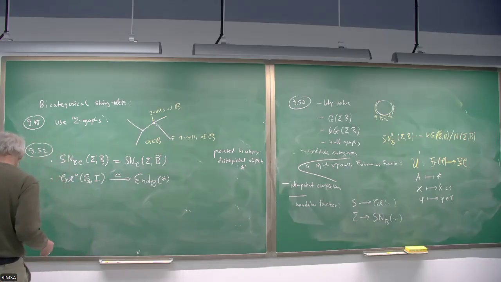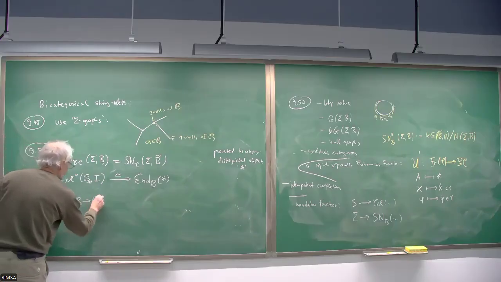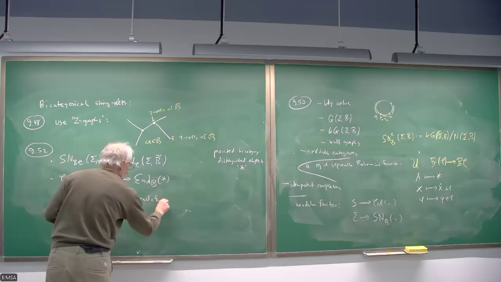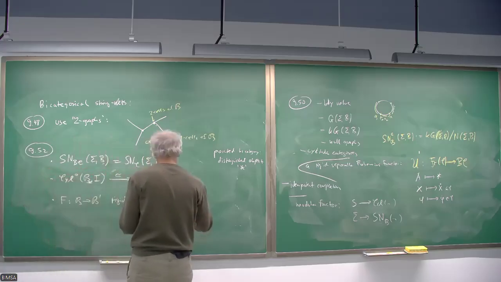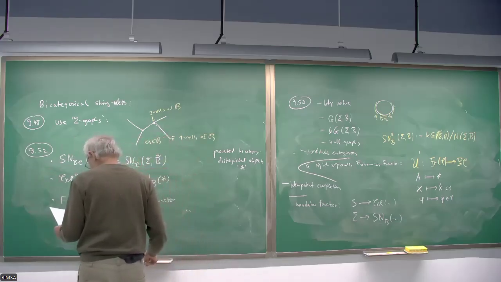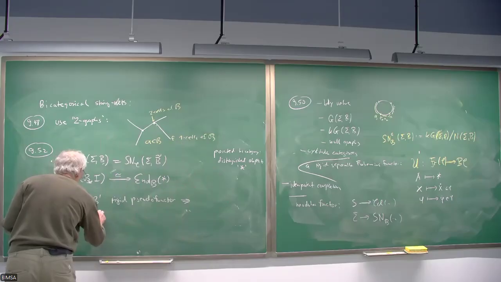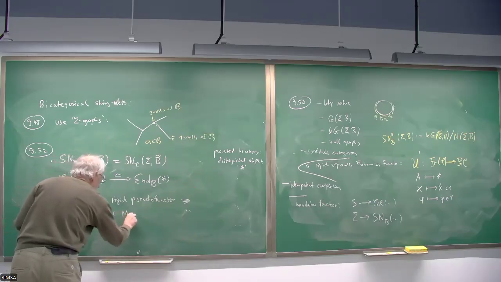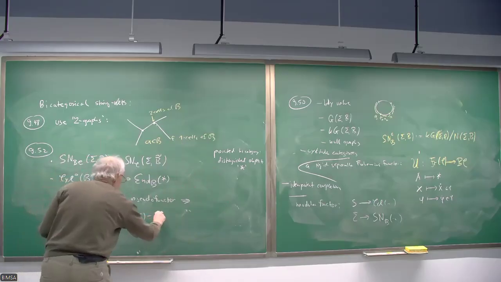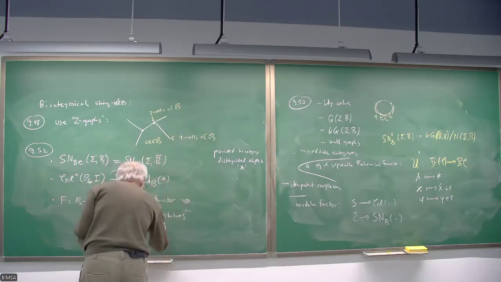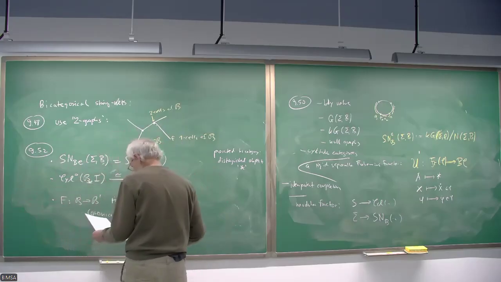And then finally, if F from B to B' is a rigid pseudofunctor between pivotal bicategories, then there are canonical mapping class group equivariant intertwiners between the corresponding stringnet spaces already before idempotent completion.